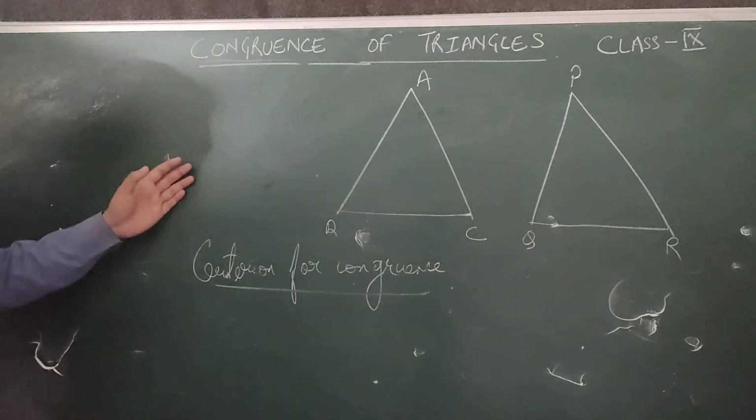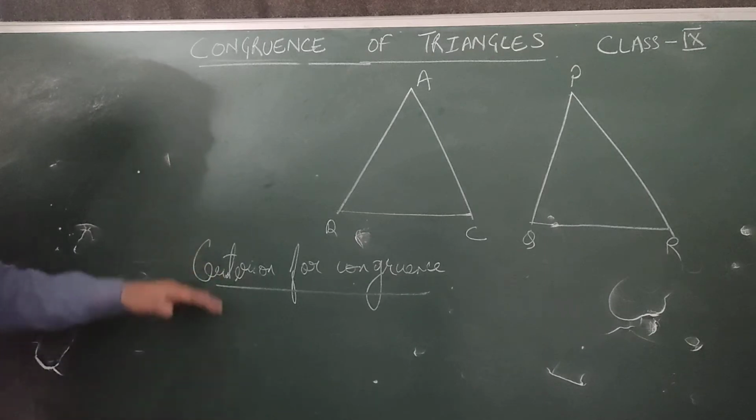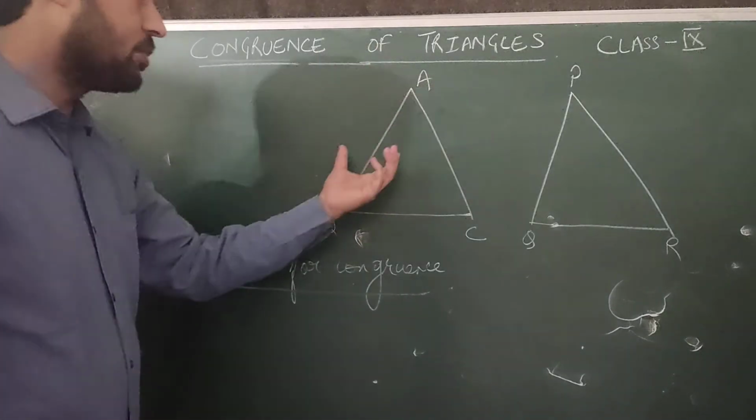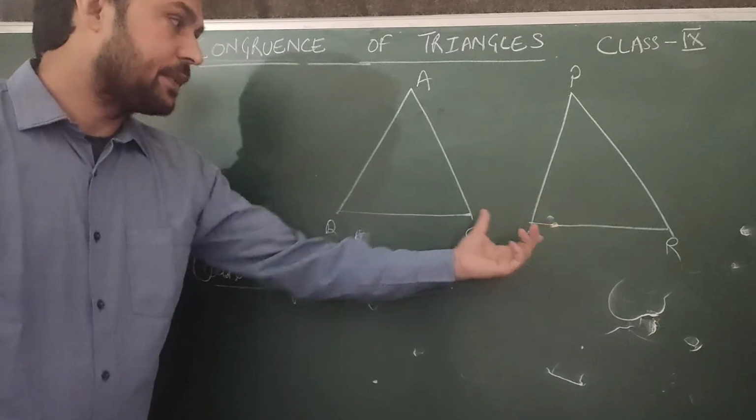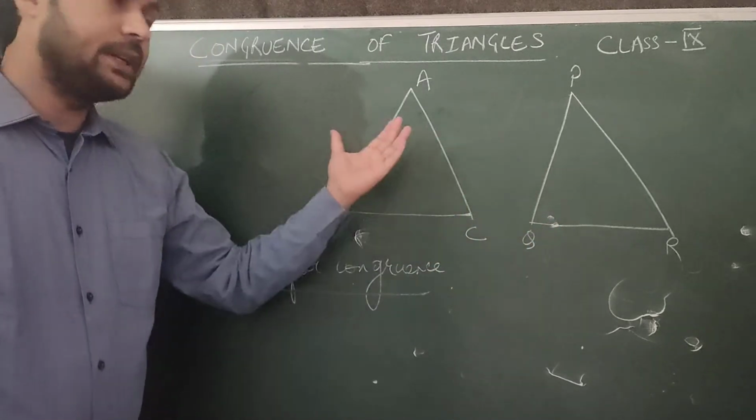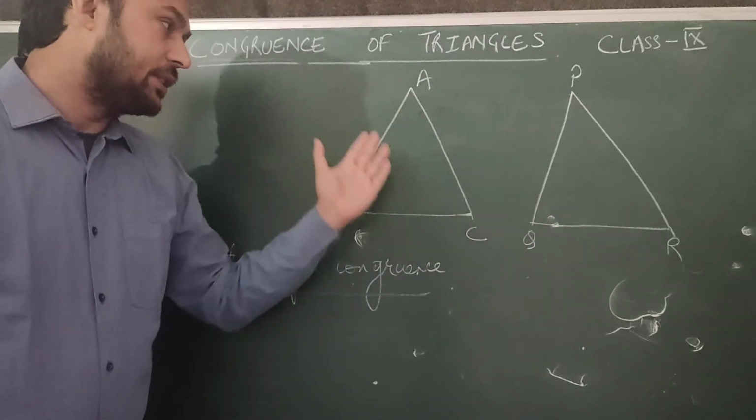Provided that there are at least 5 conditions that we have to see in two triangles. Supposing two triangles are provided to us, when can we say they are congruent? When can we say they are of equal shape and size?